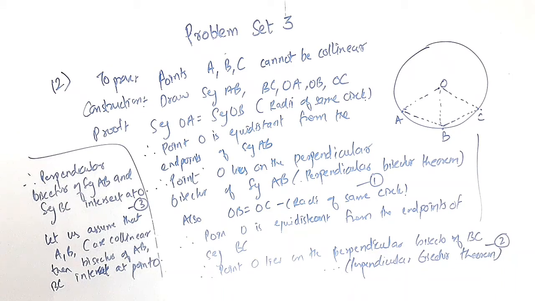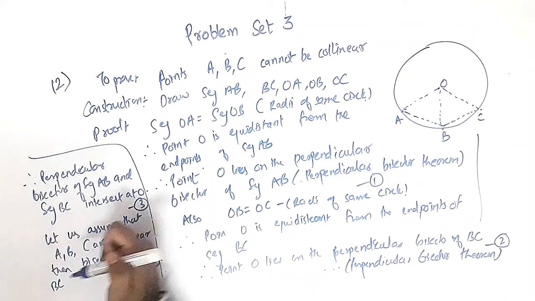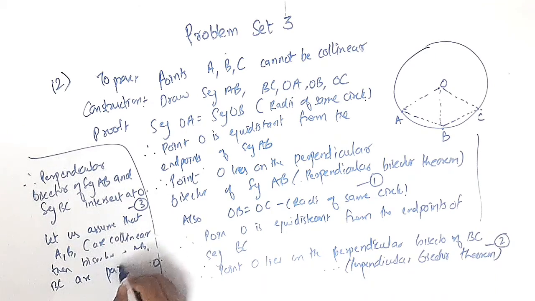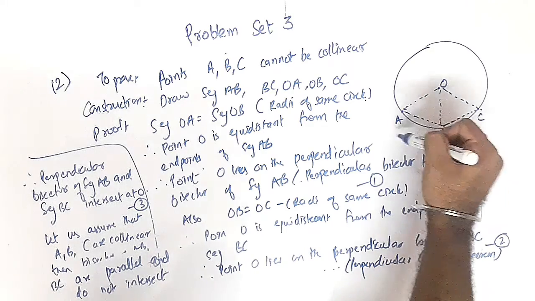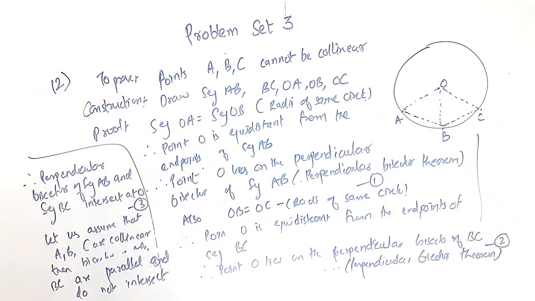Now, if I say ABC are collinear, then perpendicular bisectors of seg AB and BC are parallel. They will become parallel and do not intersect. So if ABC are collinear, the bisectors of this will become parallel, which is contradiction of statement number 3.